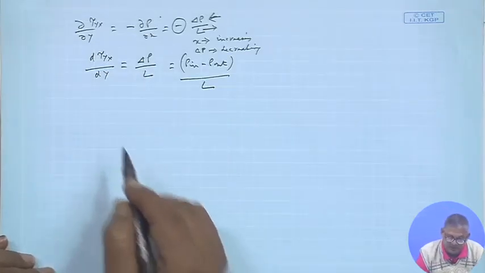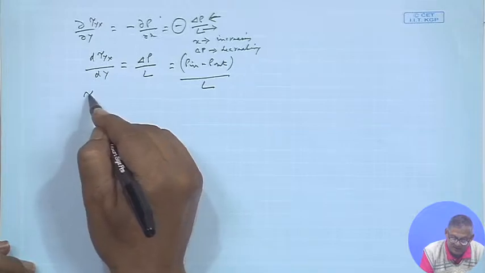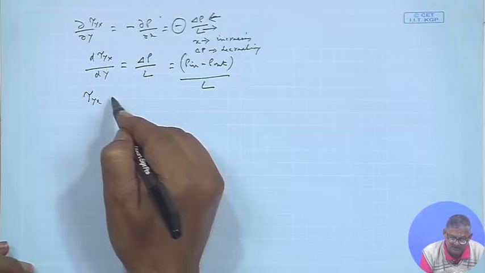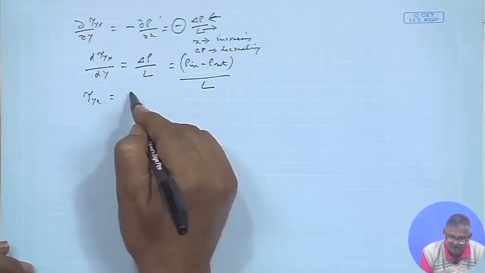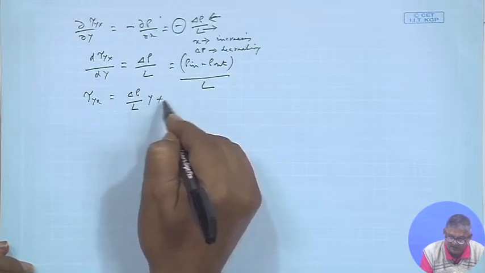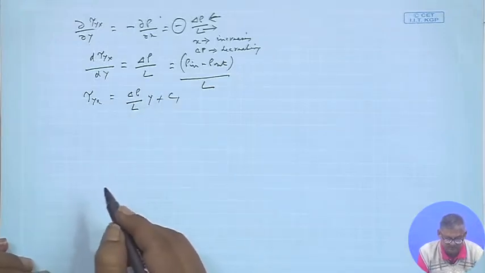Now, if we integrate, we get tau y x is equal to delta p over L into y plus C1.